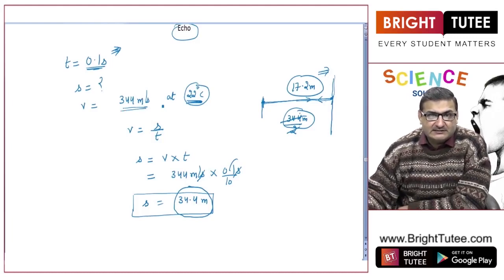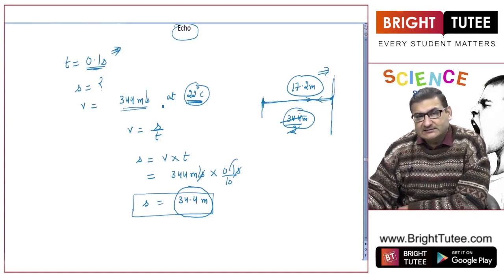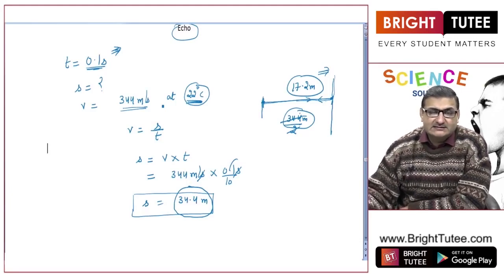At different temperatures, it will vary. So, at some places the speed of sound may be a bit more, so we will hear the echo accordingly, and at some places if the temperature is less, accordingly we will hear the echo, and accordingly it will be a different distance travelled by the sound for echo to produce, right.